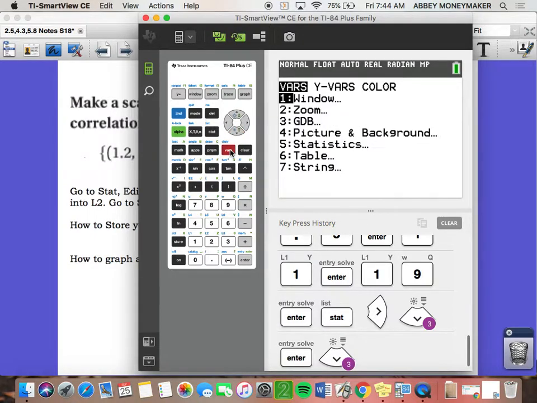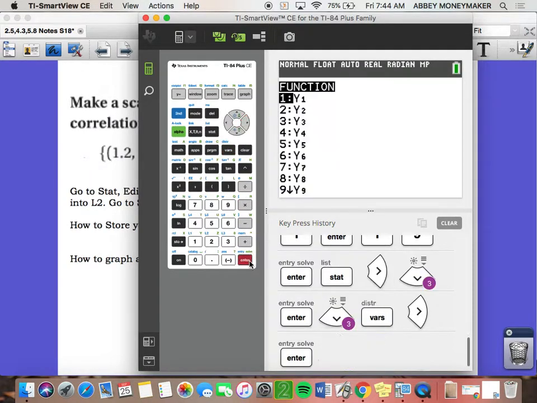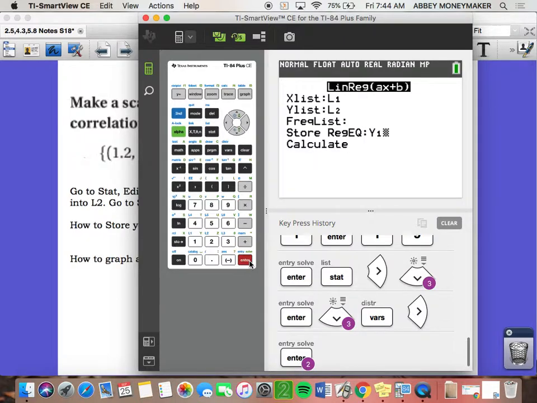So if you hit Vars and you go over to Y Vars, and then you hit enter, enter. So it's saying, do you want me to store that equation in Y1? Yes. And then we're going to hit enter to calculate, and we have our equation.